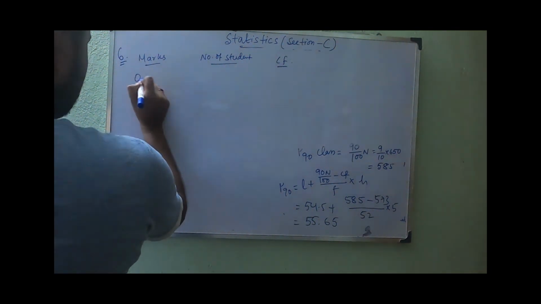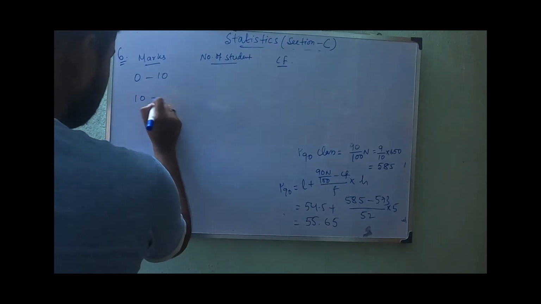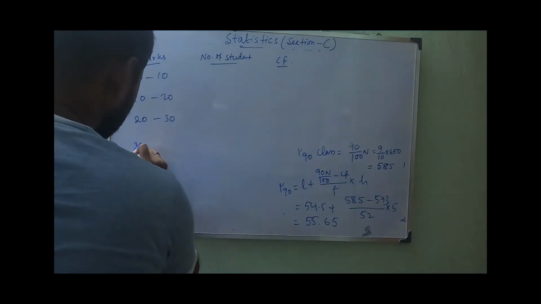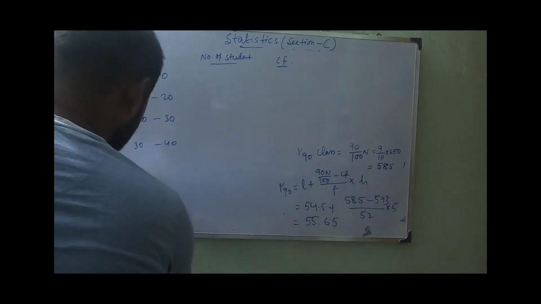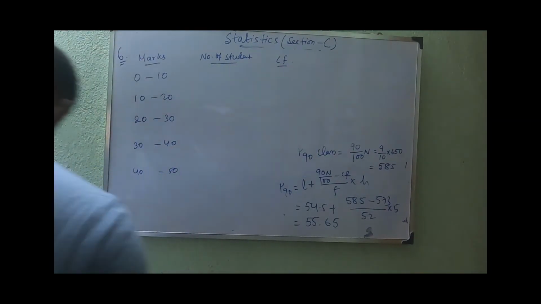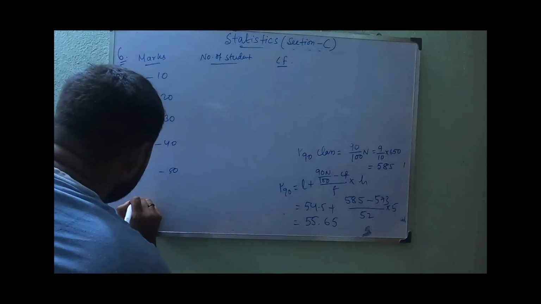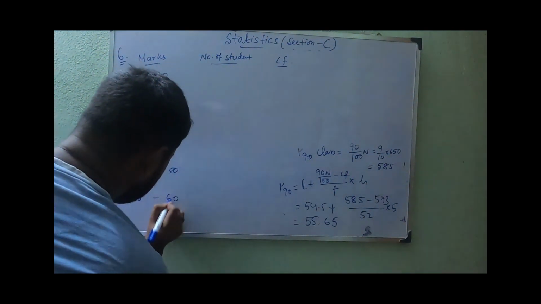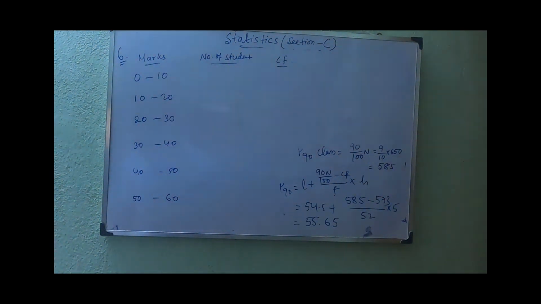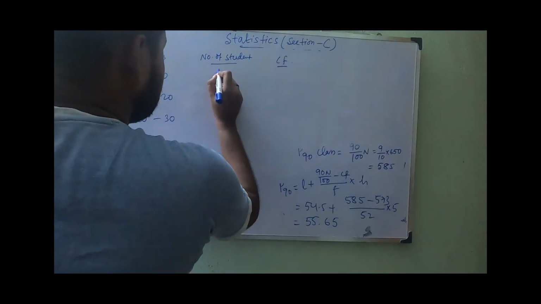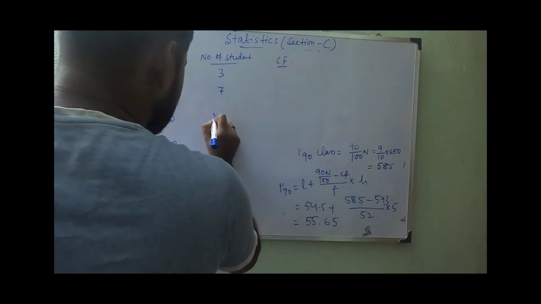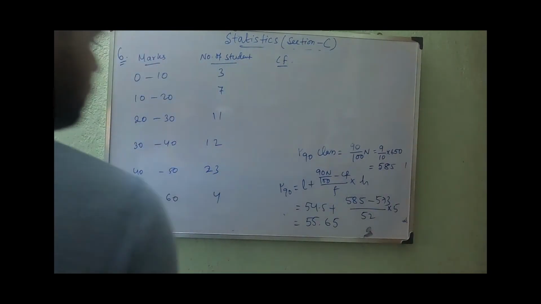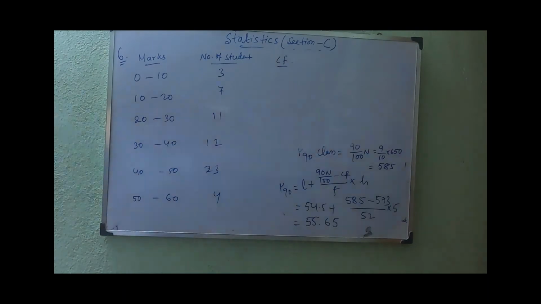So marks is 0 to 10, 10 to 20, 20 to 30, 30 to 40, 40 to 50, and then it is given 50 and above. 50 and above means it is 50 to 60. So therefore 3, 7, 11, 12, 23, 4. Right? This is the question given.